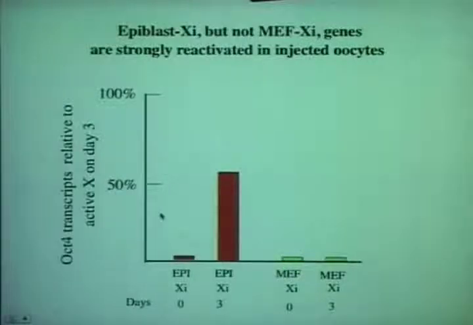The important point is that if you look at the inactive X on the so-called epiblast, which are a more embryonic stage, then you do get reprogramming quite substantially. The OCT4 is turned on because these more embryonic type of cells, nevertheless, with the inactive X, are more readily reprogrammed than the adult, more differentiated cells. And that gives an opportunity to find out what the difference is.